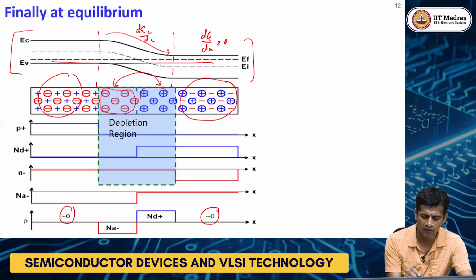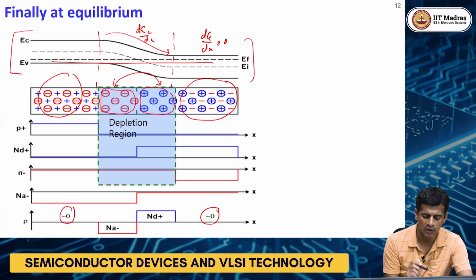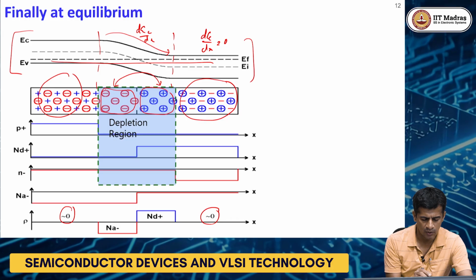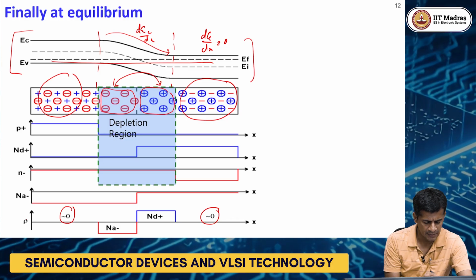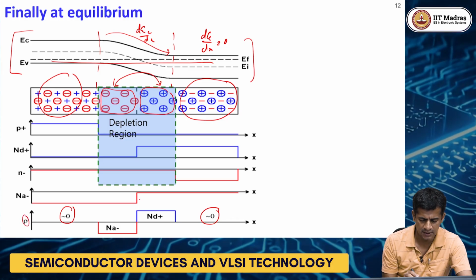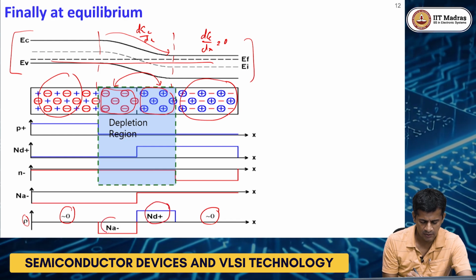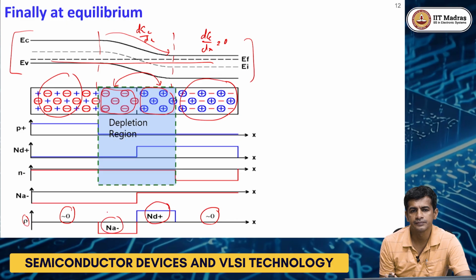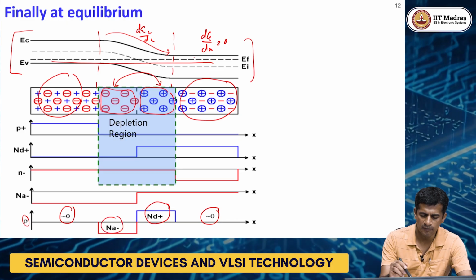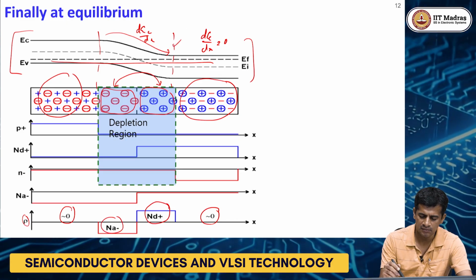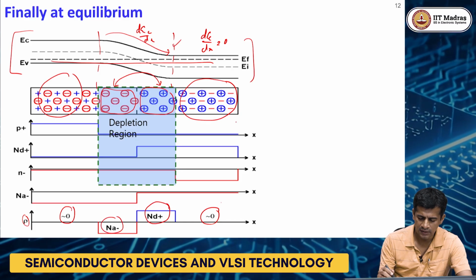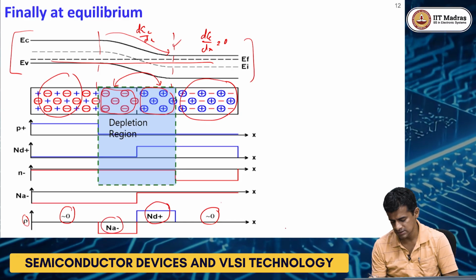Here you have a lot of positive charges, and here a lot of negative charges. If you look at the space charge density, on this side you have a positive charge and on this side a negative charge. So you should be comfortable with drawing the energy band diagram as well as drawing the concentration of the charge species.